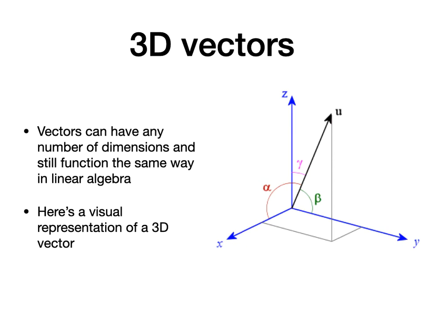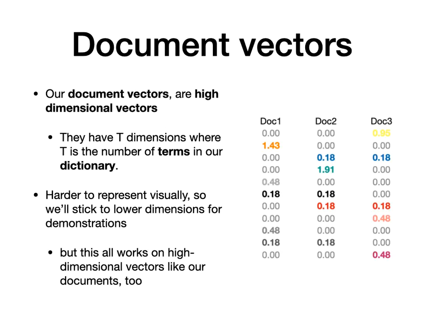If we want to scale all the way up to document vectors, the things that we've been creating, these are just high-dimensional vectors. They have t dimensions, where t is the number of terms in our entire dictionary. That's a lot of dimensions when we're trying to think about a 3D shape, but again, it's just a set of numbers. So this is hard to represent, and while we're working through the examples, we'll stick to the low-dimensional visualizations. But it all works, no matter how large they get.